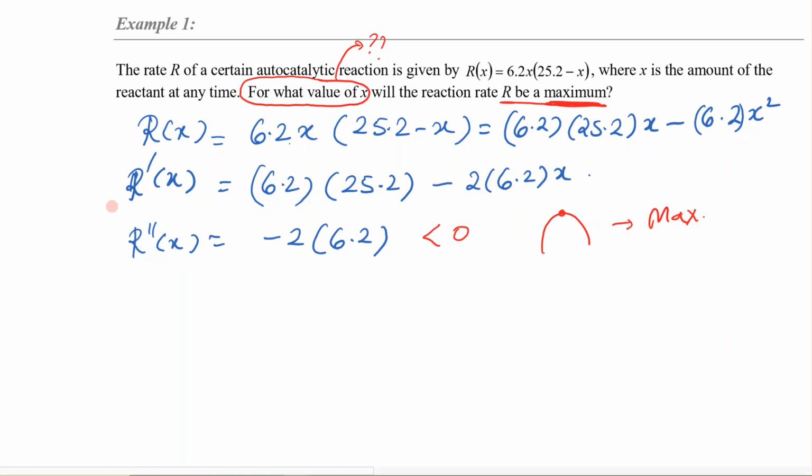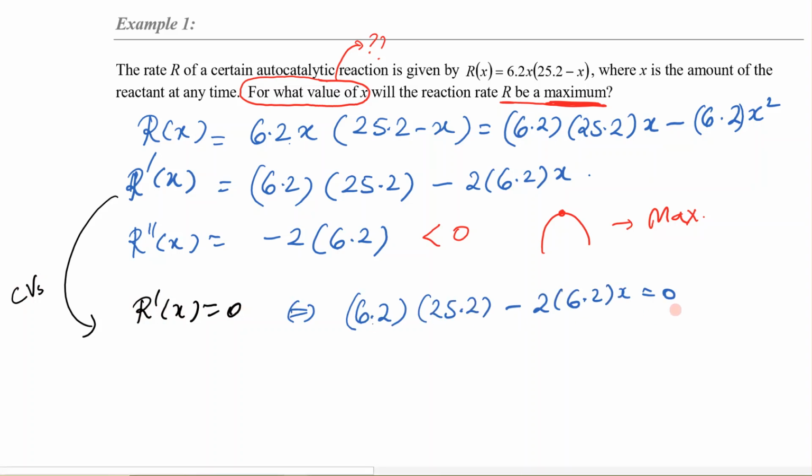And for the critical value, we put the first derivative equal to 0. So this implies our first derivative is equal to 0, and from here we're going to solve for x. So 2 times 6.2 x equals 6.2 times 25.2.